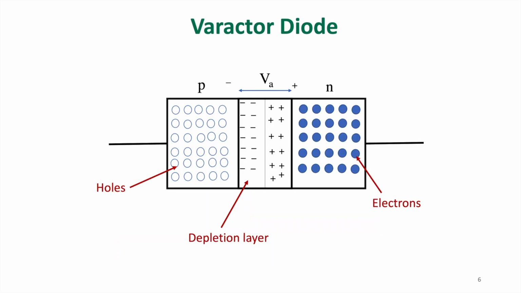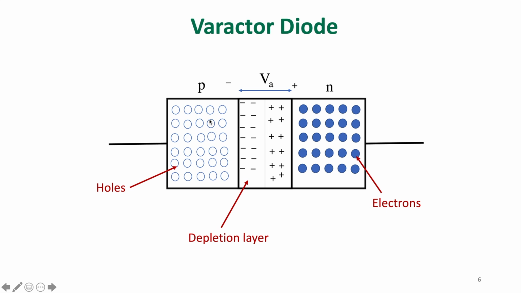Now to understand how the varactor diode works, let's consider this PN junction diode. Varactor diode is also a kind of PN junction diode. In the PN junction diode, when we combine P and N type of material, then depletion layer is created like this.